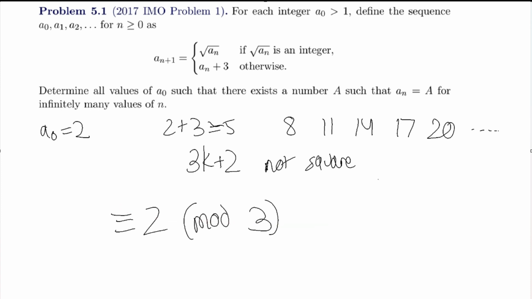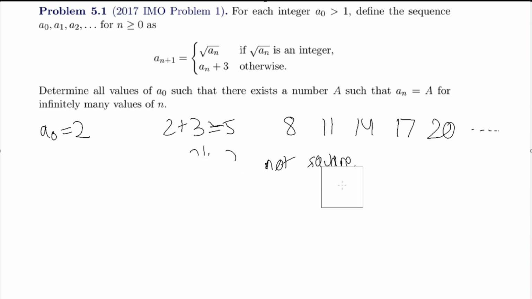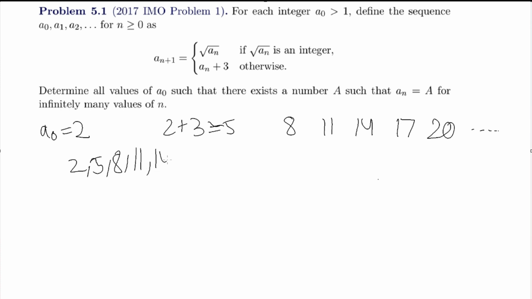So we're just going to keep going up and up because we're never going to get to a perfect square and decrease our number by taking the square root. So it's just going to continue like 2, 5, 8, 11, 14, so on and so forth forever. And we're never going to get stuck in a cycle. So that's why a0 equals 2 fails. And in general, because there's nothing really special about the number 2 except that it's 2 mod 3, that means that all 2 mod 3 fail.